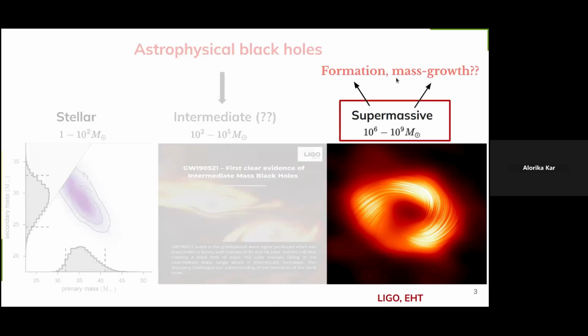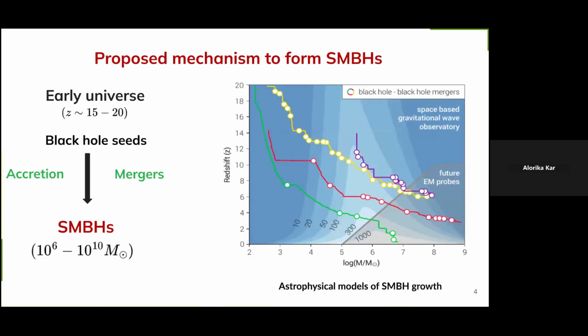So my topic will be to talk about how these supermassive black holes are formed, which have a very high mass range, above 10 to the power 6 to 10 to the power 9 solar masses, and how they grow to such high masses. Now, there are various mechanisms which have been proposed to explain how this huge mass growth might have happened starting from the early universe.